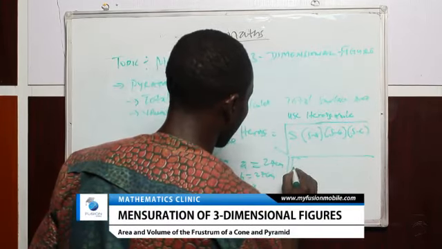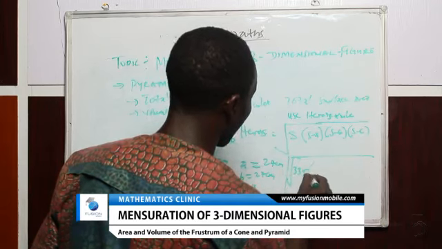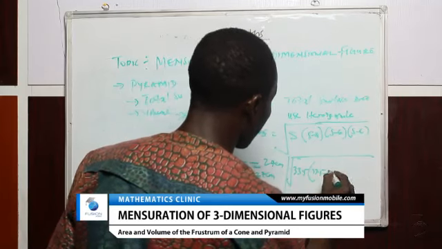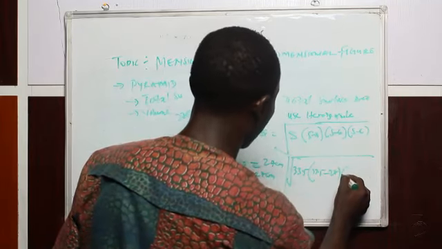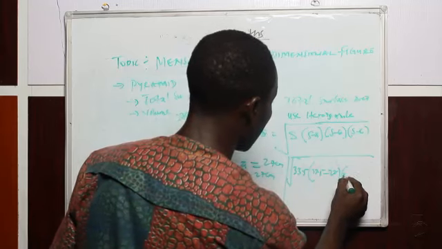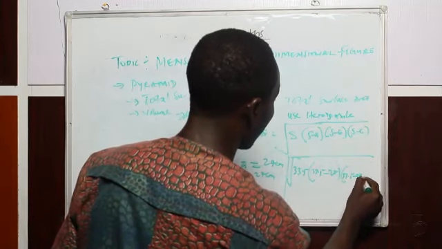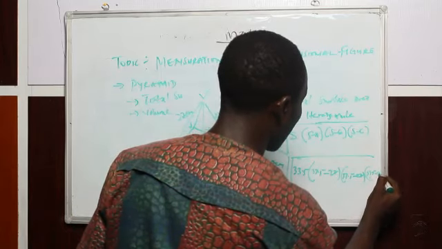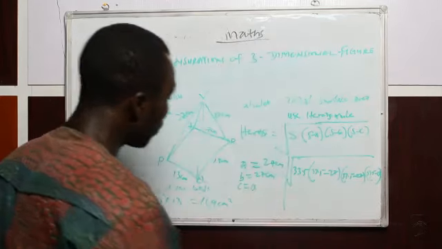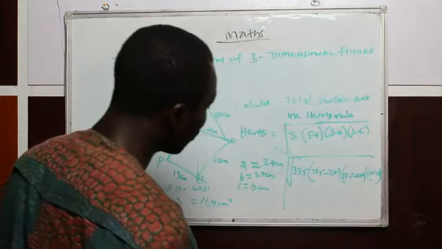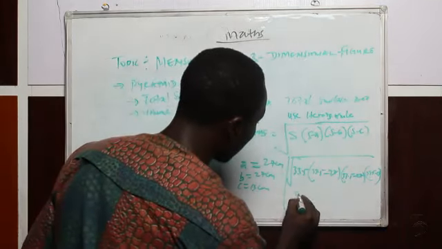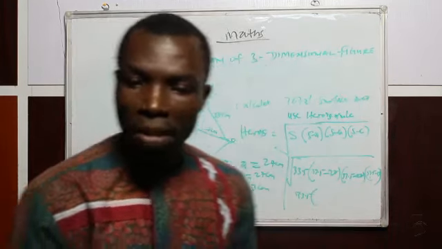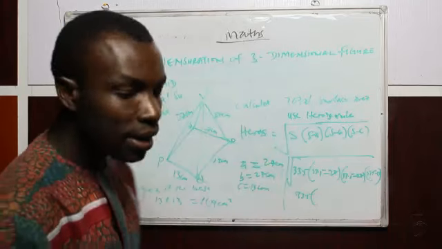That's 33.5 bracket into 33.5 minus 27. Then open the bracket, 33.5 minus 27. Then open the bracket, 33.5 minus 13. When we substitute the values, then we root it. 33.5, you open the bracket, 33.5 minus 27 will give us 6.5.